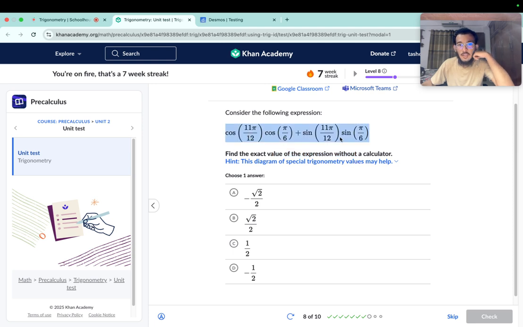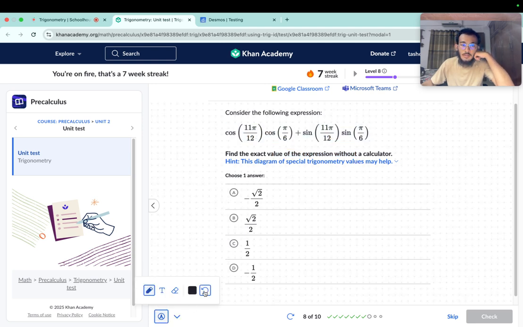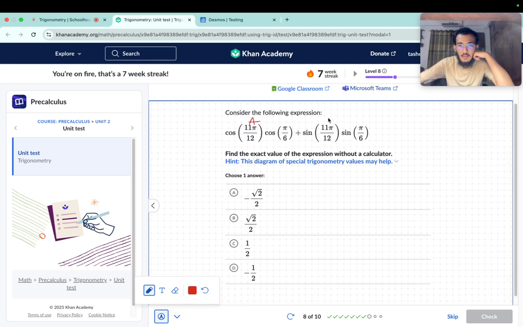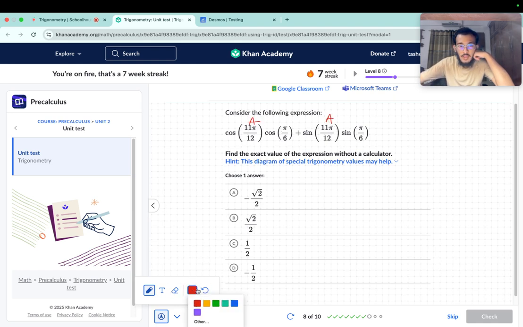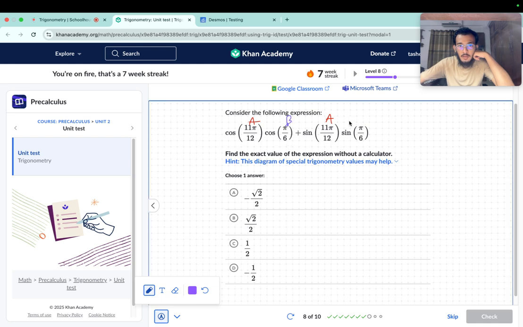Okay, here's the trick. Here you can see that they have the same angle. If we treat this one as A, same angle, and this one as B, same angle, what do we get? We can use the addition or subtraction formula for cos.